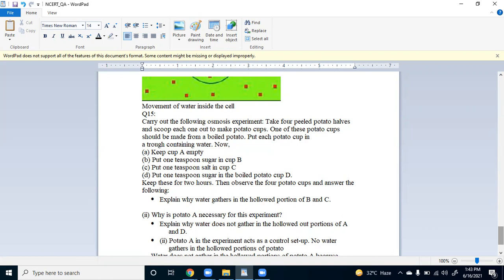So why does the water gather in cups B and C? This is the first question. Any ideas?